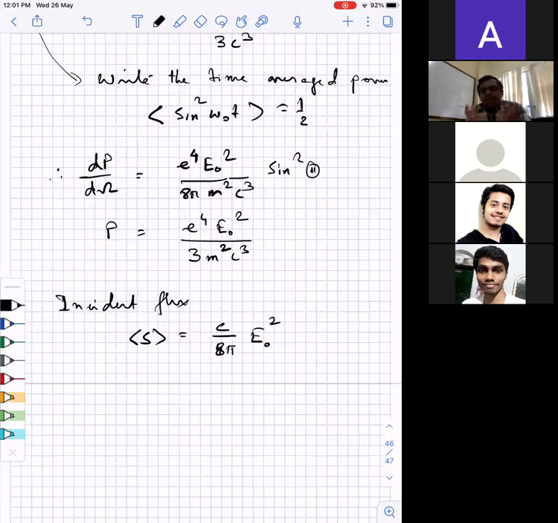And that is very roughly the cross section, the very rough view of cross section. So you have an incident flux, and cross section processes that incident flux into an outgoing flux.